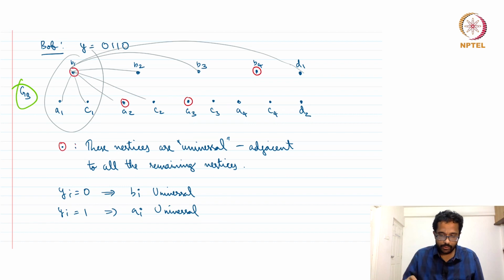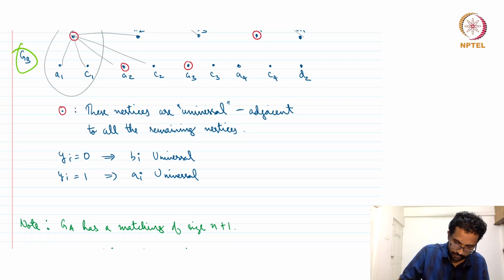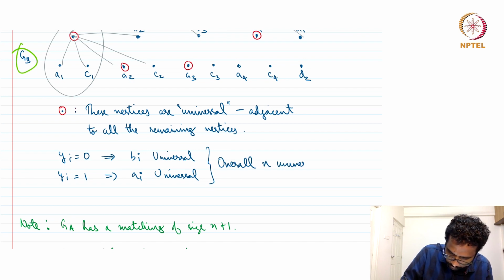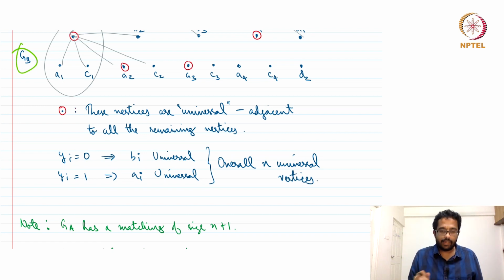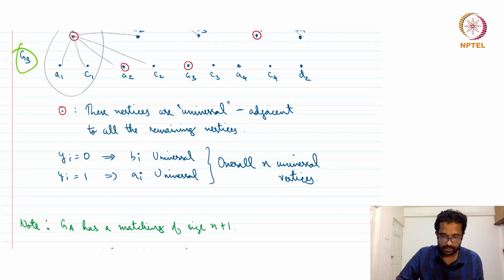And how many universal vertices are there? There are overall n universal vertices. So any edge has one of these n universal vertices as its endpoint. There could be edges that have both endpoints universal, but that's okay. Every edge has at least one endpoint that is a universal vertex.